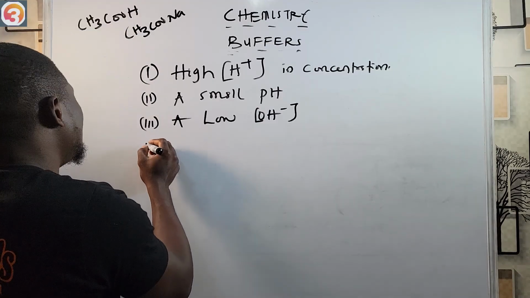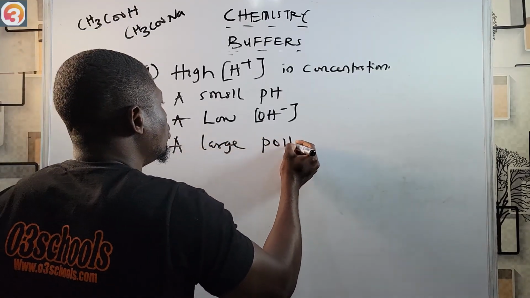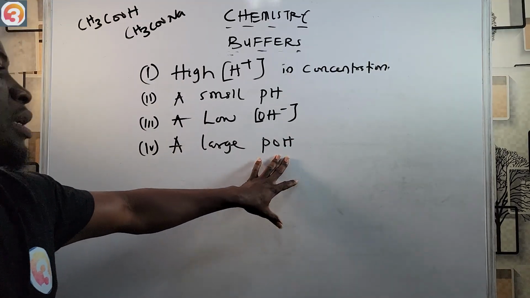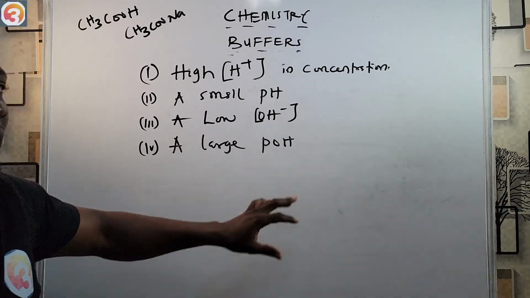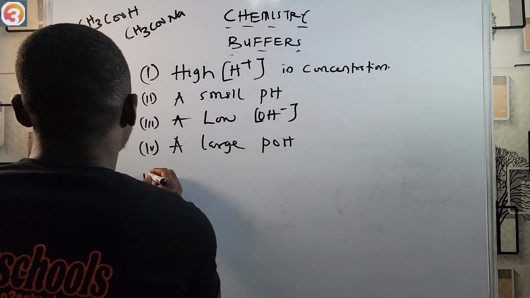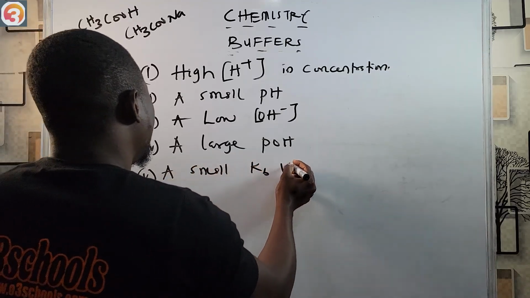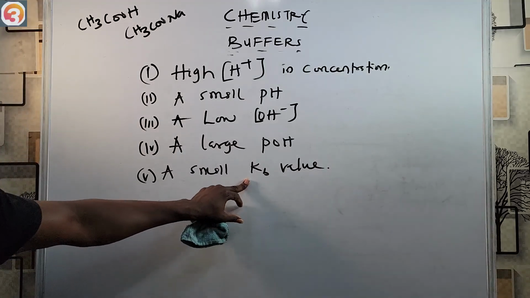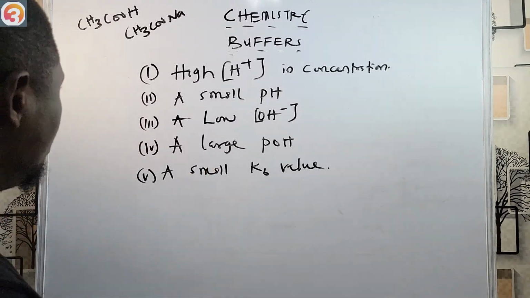It will also have a large pOH, the potential of the hydroxide ion. And then also it will have a small Kb value, a small base dissociation constant value. The value for the base dissociation constant will be very, very small.